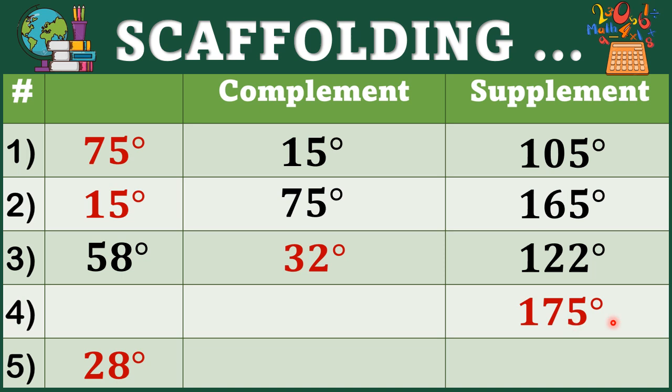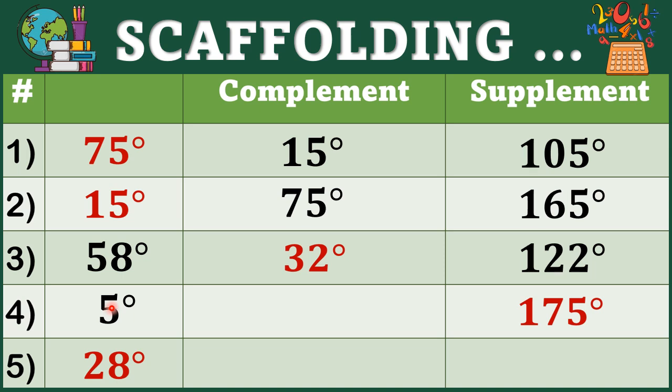This time, the given data is the supplement already. In the same manner, you're going to look for the base angle measure. So if the given supplement is 175, what is the other angle measure? Basically it's still 180 minus 175, so that would be 5 degrees.